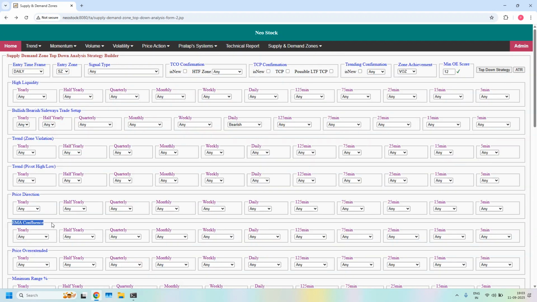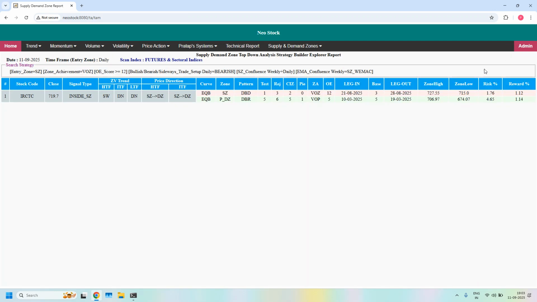Let's further filter based on weekly supply zone with weekly EMA confluence. So this daily supply zone has high probability to succeed, provided less than 20 checklist items are satisfied, otherwise zone might be violated. And LTF, ITF, HTF I am not filtering because all are sideways trend in the HTF time frame.